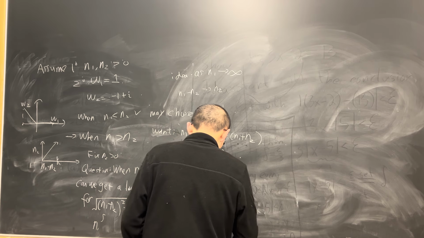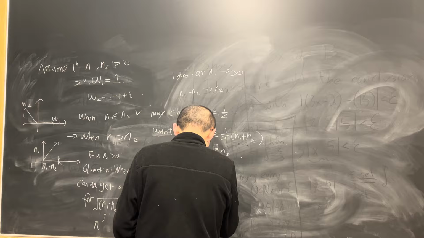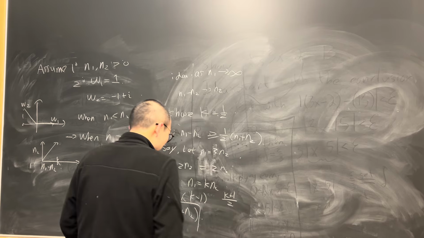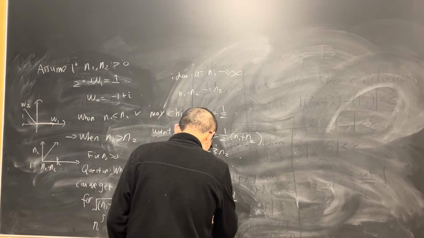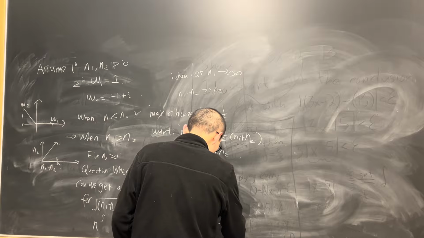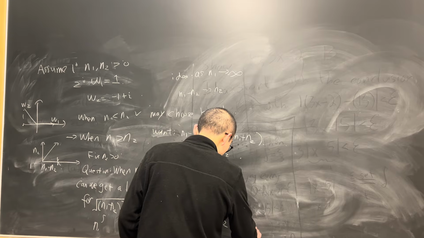Okay, so let's multiply by 2 on both sides. So 2k minus 2, and then the other side is k plus 1.